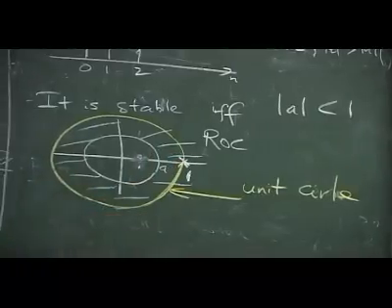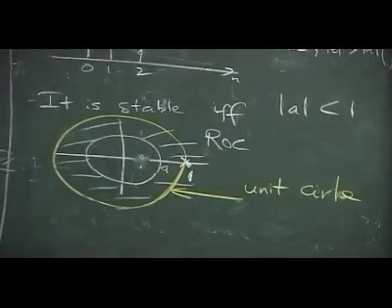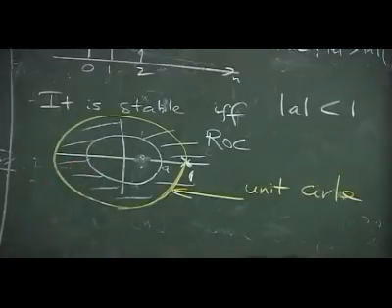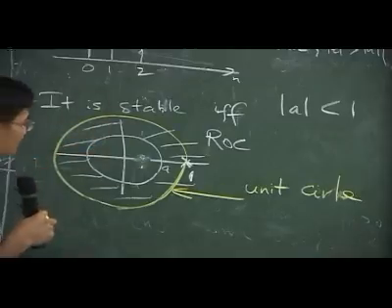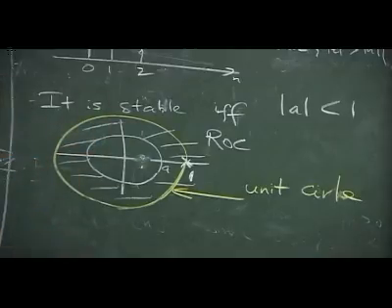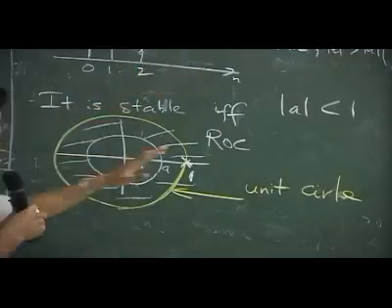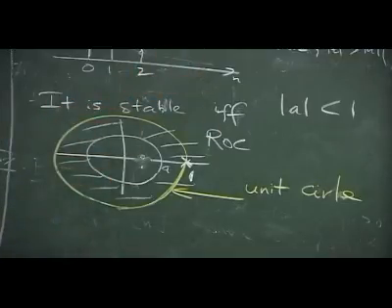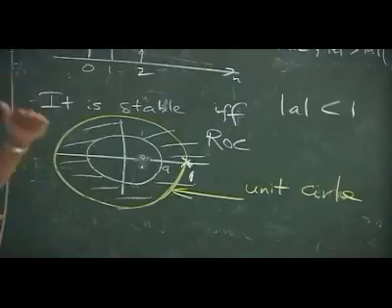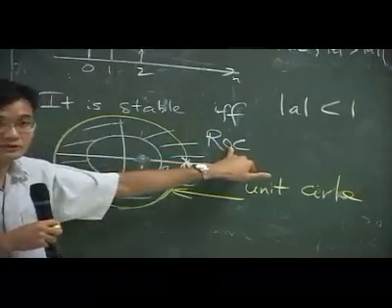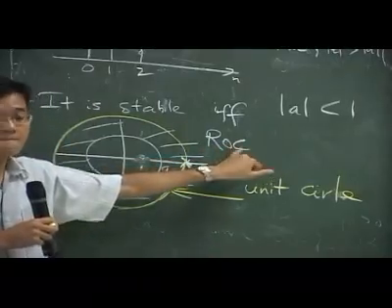Actually, this fact can be proved for very general systems. If you want, you can try to prove that. It's not very simple, not very difficult. So let me restate the statement. A system is stable if and only if we have this. Second, the system is stable if and only if, equivalently, the unit circle is contained in the region of convergence.